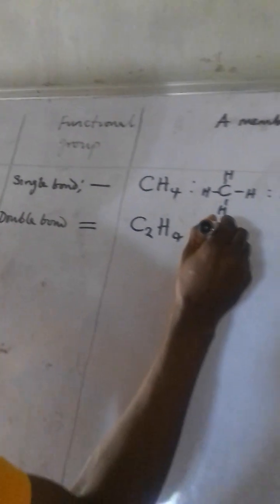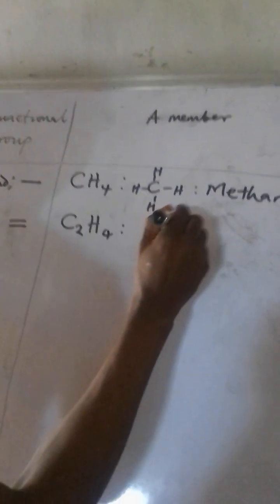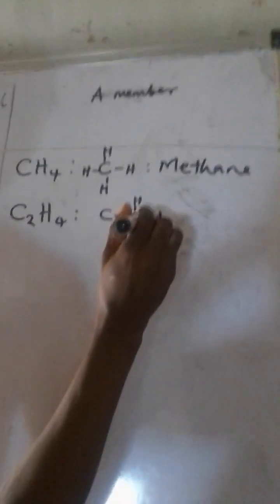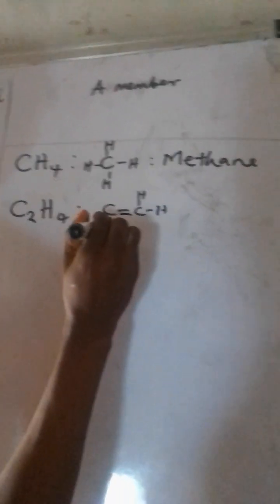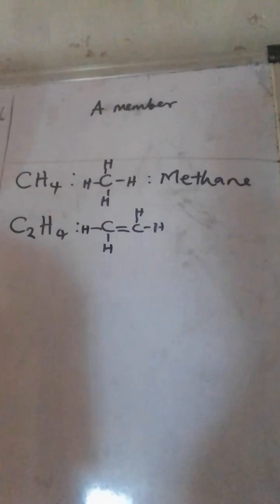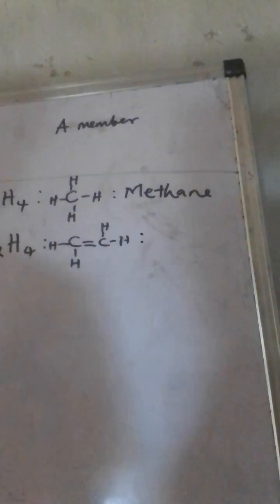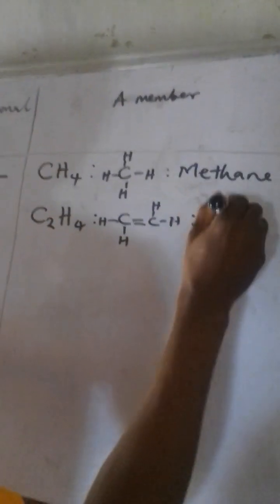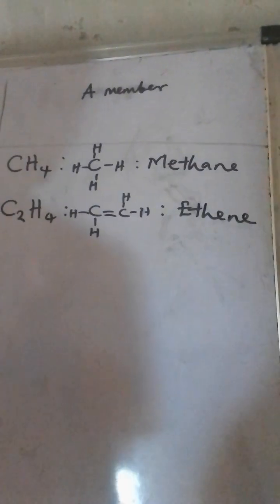Or you represent it like this. And what's the name? Remember, 2 carbon atoms means eth. So the name is ethene. ENE shows the family that the member belongs to.